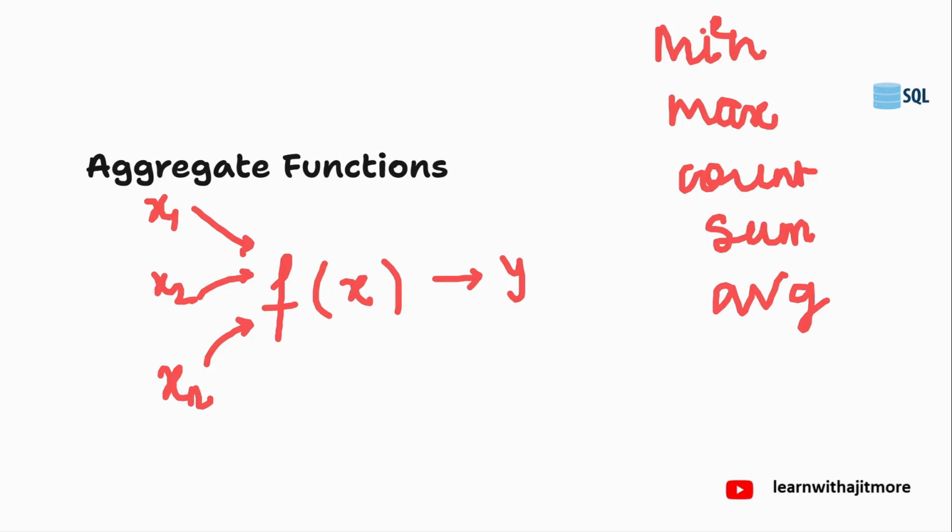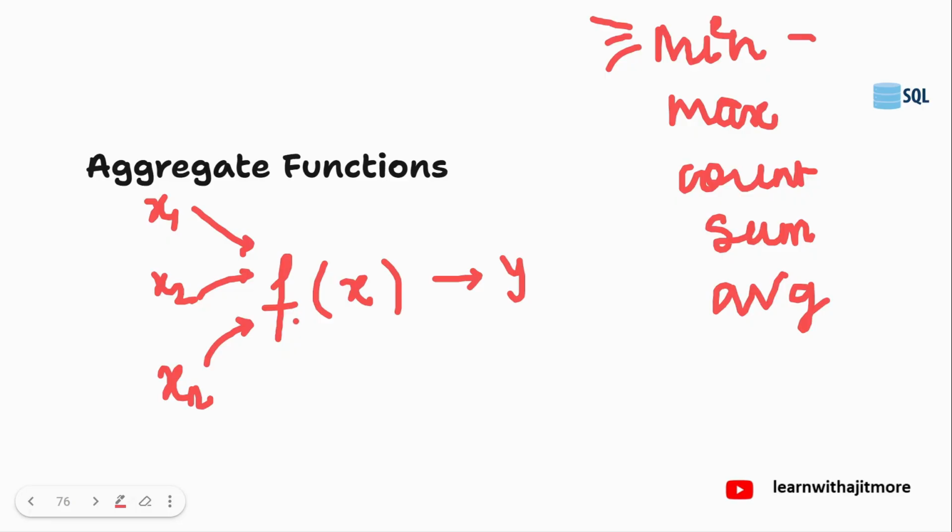But the speciality of these aggregate functions is that they take input as a set of values. What will all these aggregate functions take as input? Multiple values, but the output is one value. So that's what I said: aggregate functions are functions provided by MySQL.